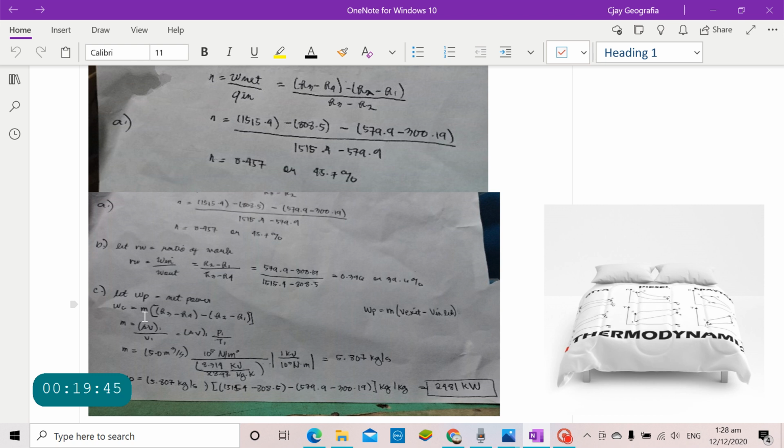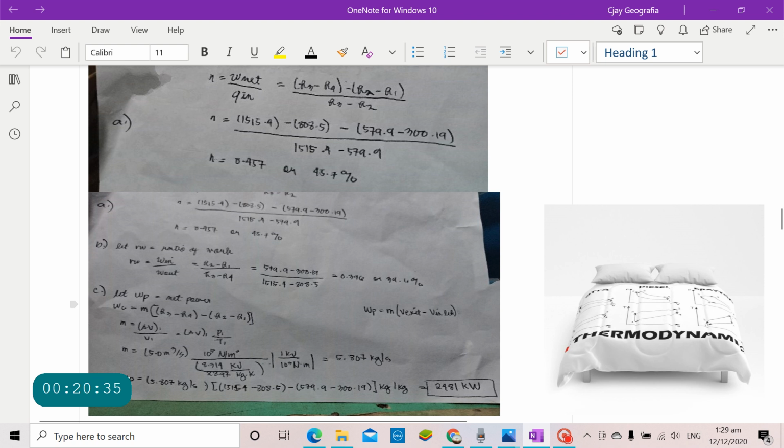So we use this formula, AV1 over v1, which is interchangeable, or this formula may be transposed, so we can use this formula transposed for m as AV1 P1 over R T1. Put in the values, manipulate, and you will now have the value of m.